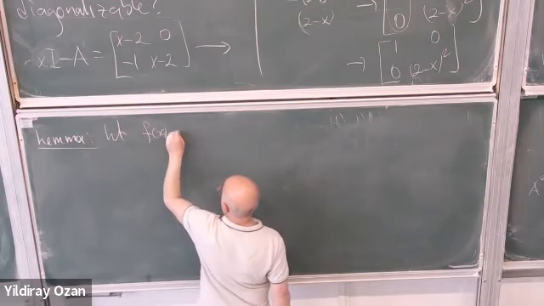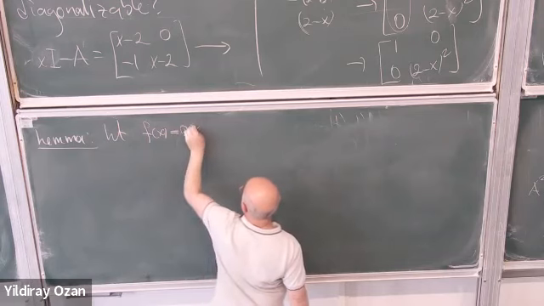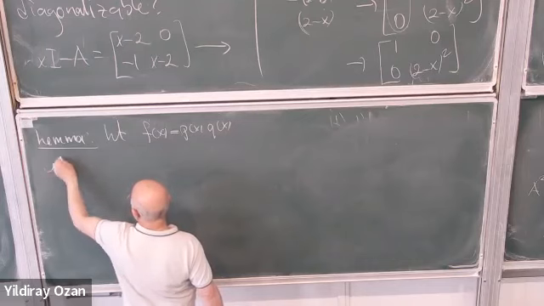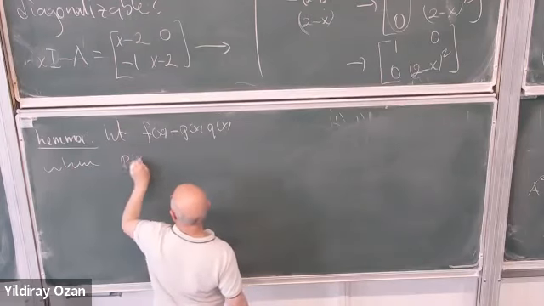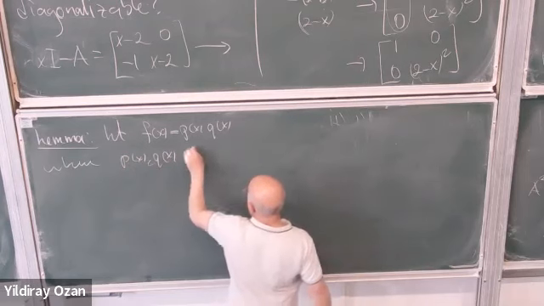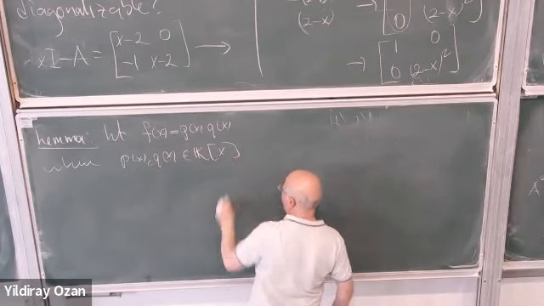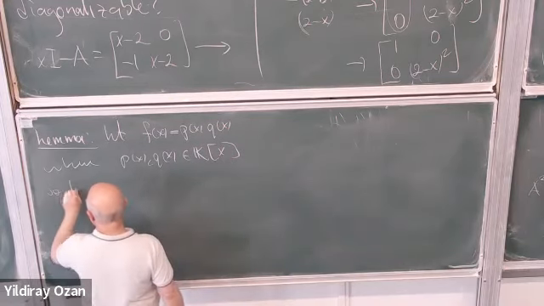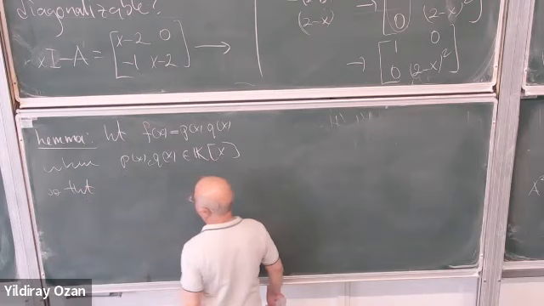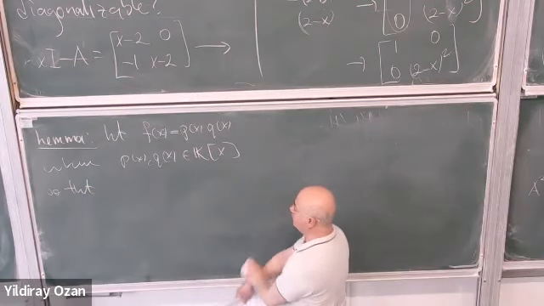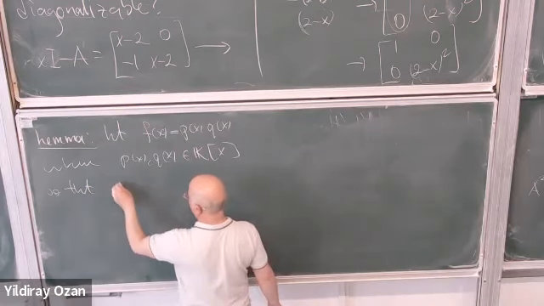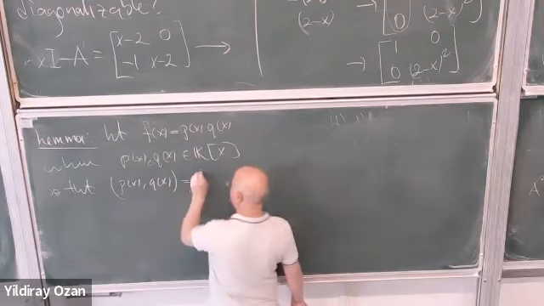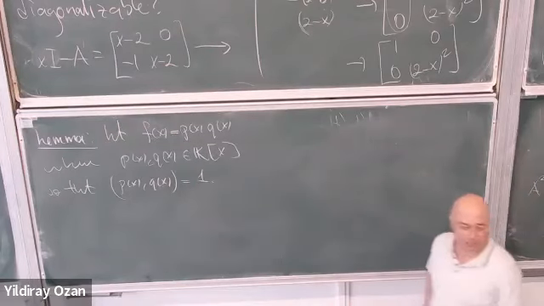Let f of x equal p x times q x, where p x and q x are polynomials over this field, so that they are relatively prime. Okay, relatively prime. So p x and q x have no common factor.